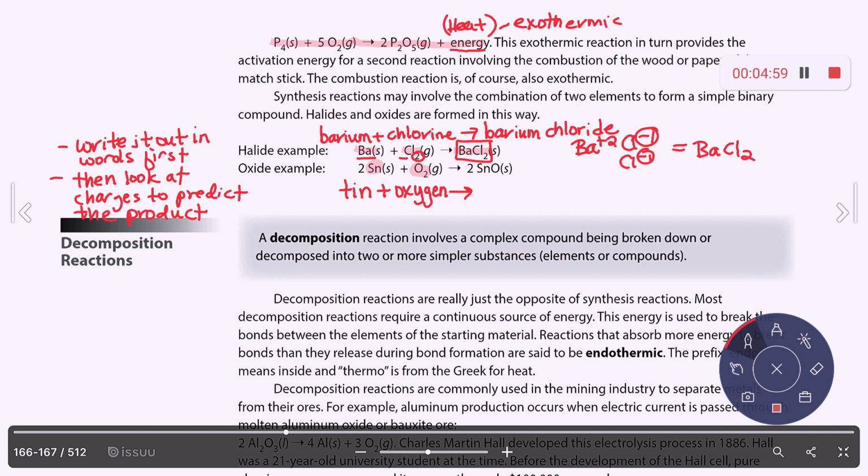Now, tin is a transition metal. Don't the transition metals have varying charges? Okay, so what I want you to do when you have a transition metal and you're predicting the compound, you will always assume that transition metals have a +2 charge.